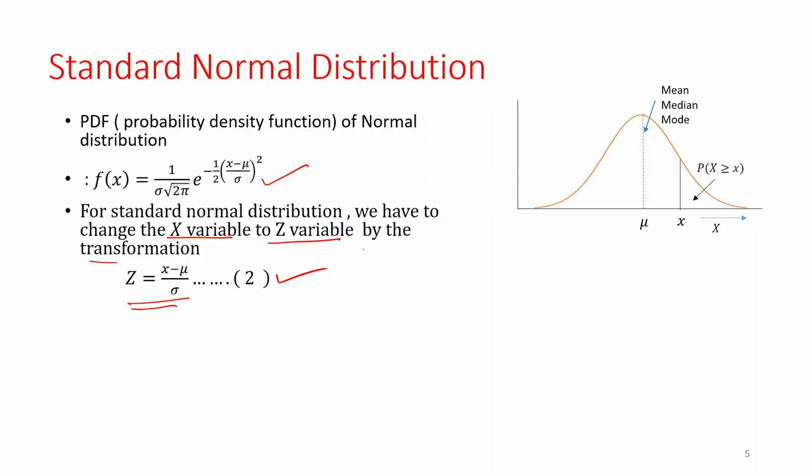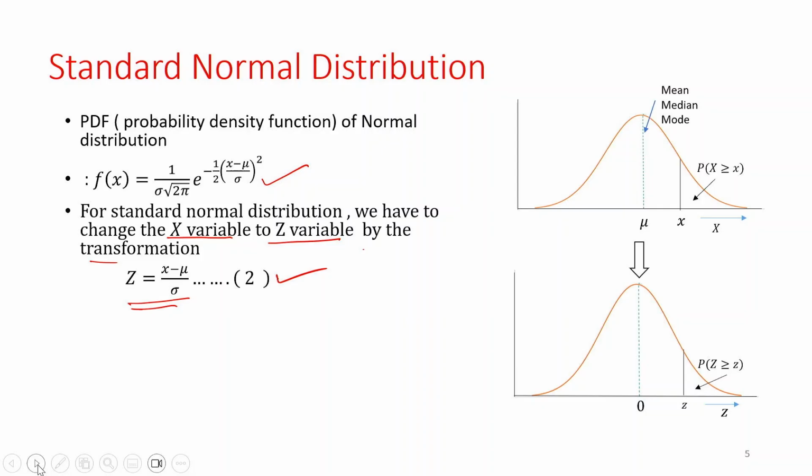That is, we have to replace this function (x − μ)/σ by another variable z. If we do so, the curve changes from normal to what is called standard normal distribution.